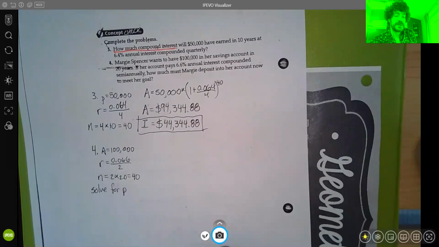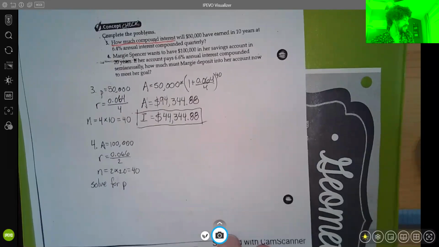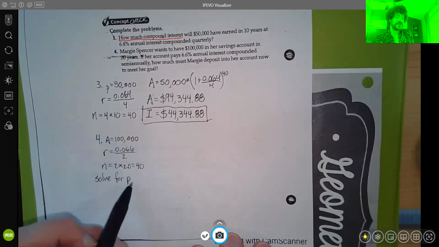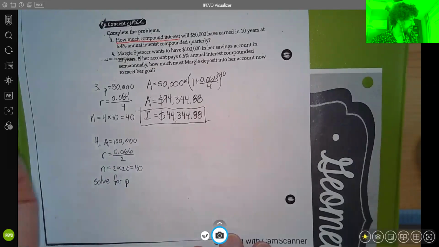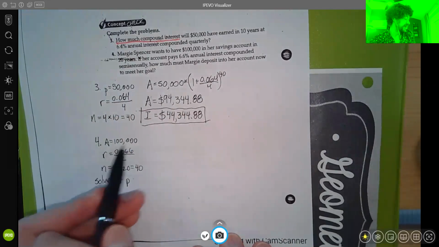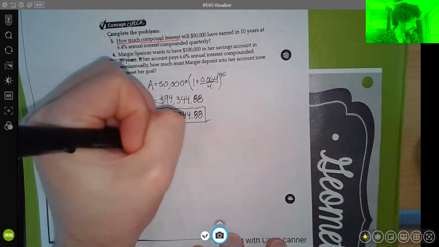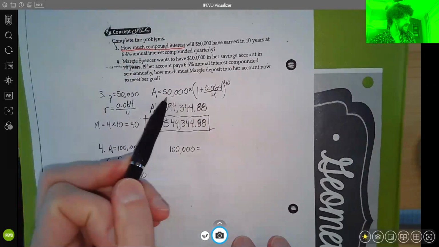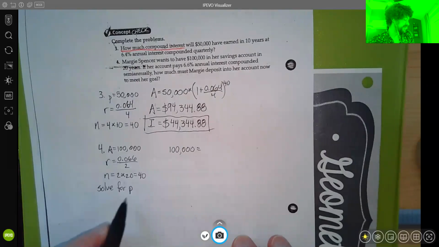Okay. So this one's going to look a little bit different, obviously, because now we have the value of A, and we want to figure out the value of P. So I'm going to write it like I normally would, but instead of A equals, I actually have a number for A. So I'm going to write 100,000 equals, and instead of a principal value, I don't have that. I need to figure out what P is.